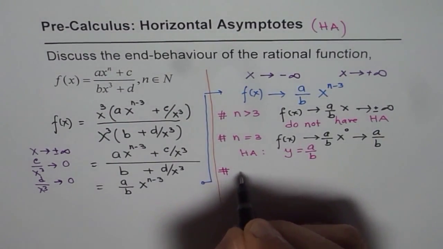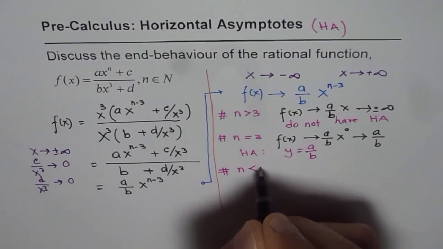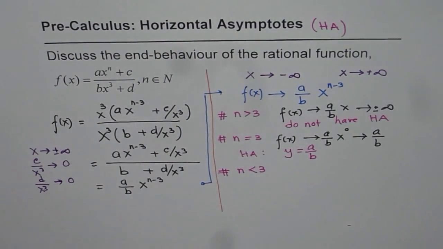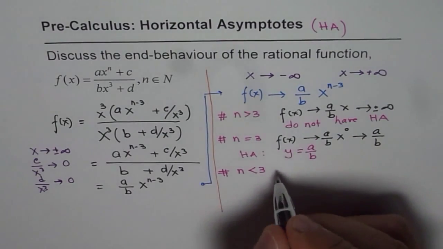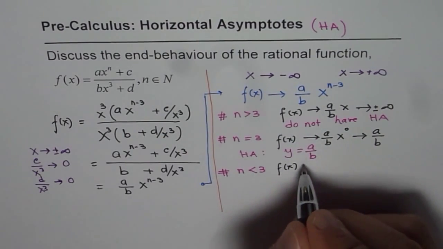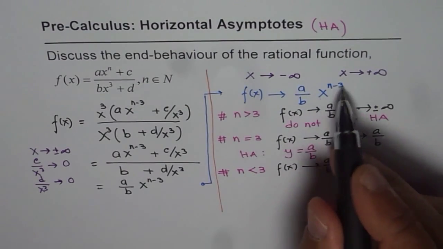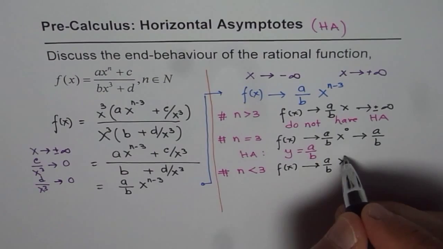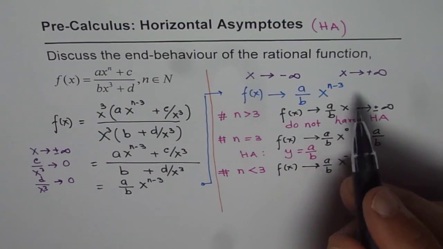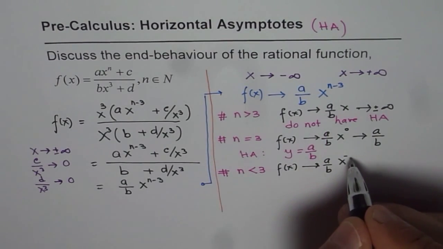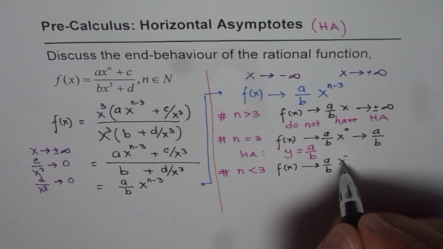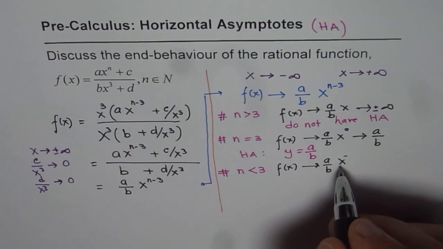Now the third condition is when n is less than 3. If n is less than 3, then n minus 3 will be a negative value. So in that case f of x will approach a over b x to the power of some negative number. n could be 1 or 2, so it is definitely a negative number. A negative power of a very large x means it is approaching 0.